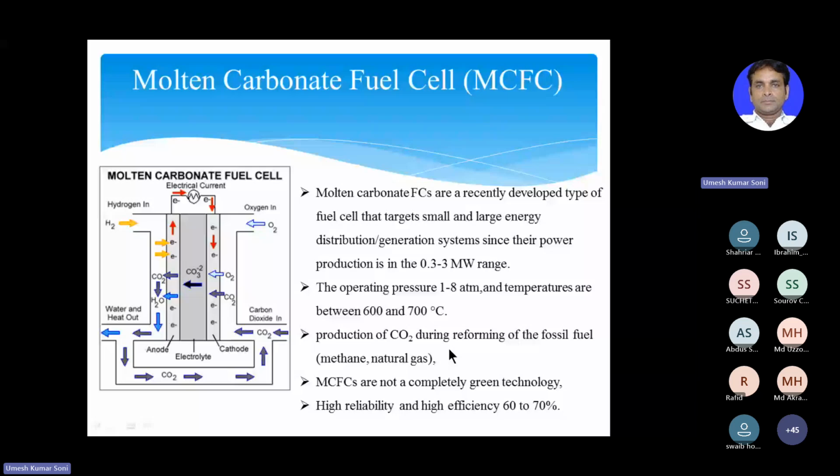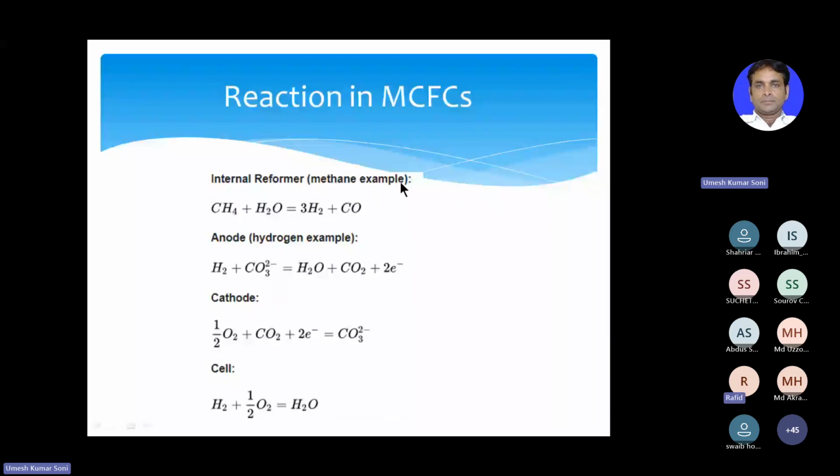They have very high reliability and high efficiency, up to 60 to 70%. So I think whatever you have studied till now, it has higher efficiency as compared to the previous technologies. Okay, so now we can see the reaction inside the MCFCs, molten carbonate fuel cells.